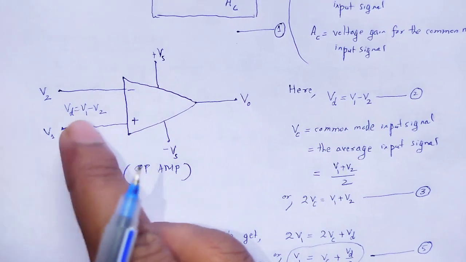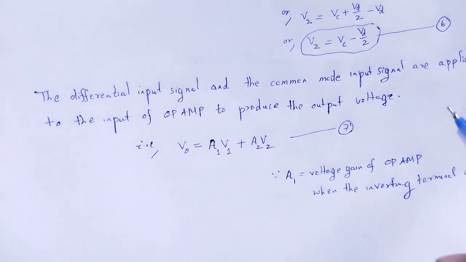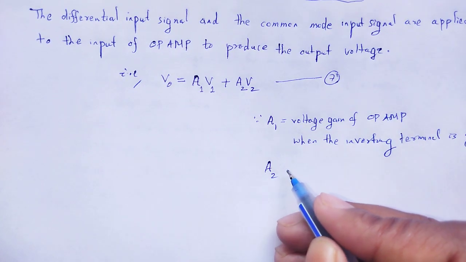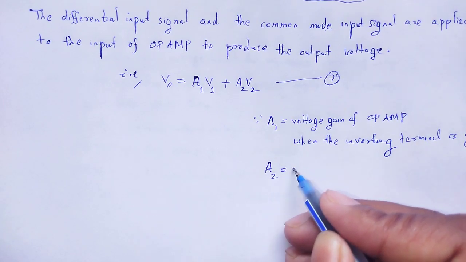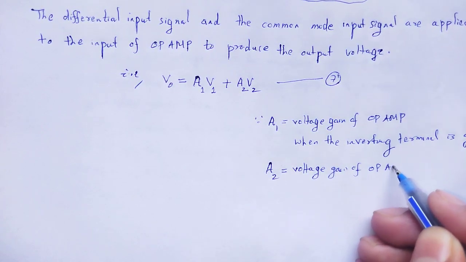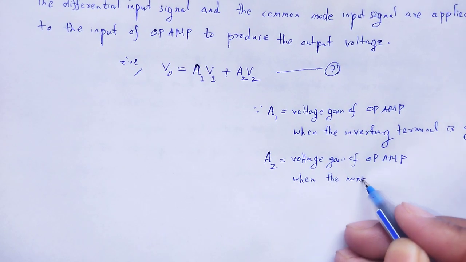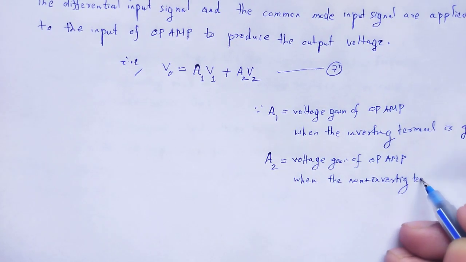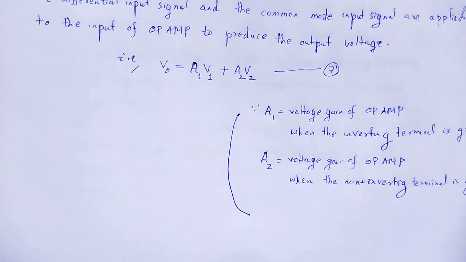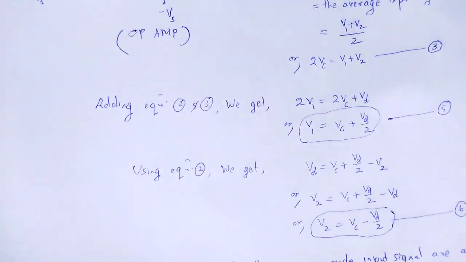Similarly, A2 is also the voltage gain of that op-amp under the condition when the non-inverting terminal is grounded.